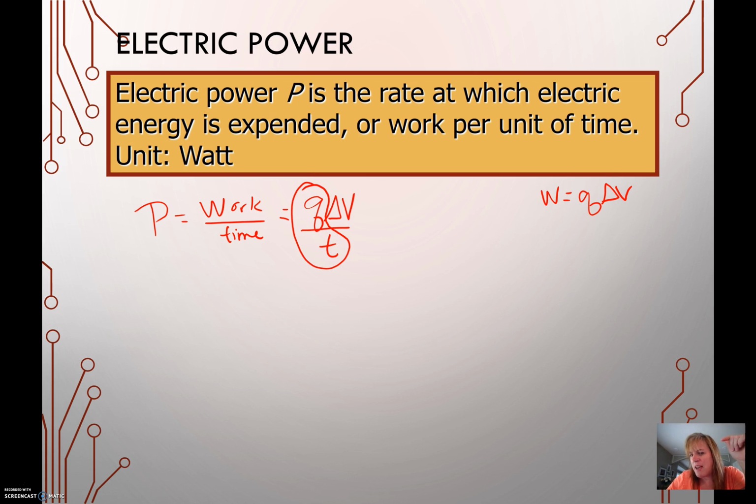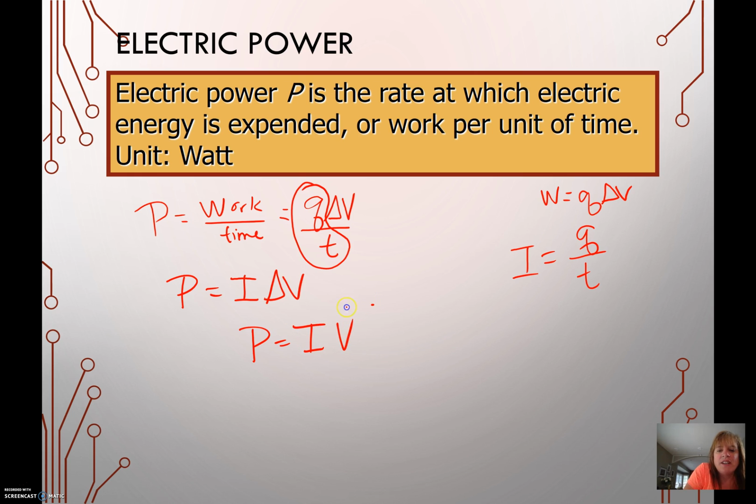Do you remember that from our last video, or was that our first video? Current, right, is the amount of charge that passes a point per unit time. Ooh, so that means power, which is work over time, is actually current times voltage, or what I like to call it, PIV. Power is current times voltage, PIV. So that is the equation for calculating power, the rate at which electrical energy is expended.